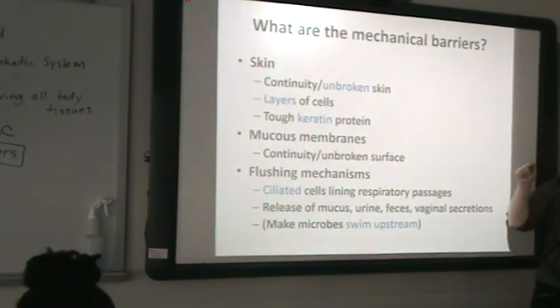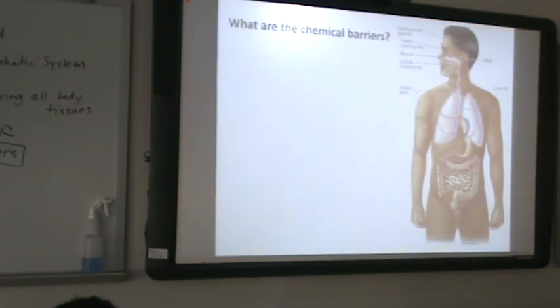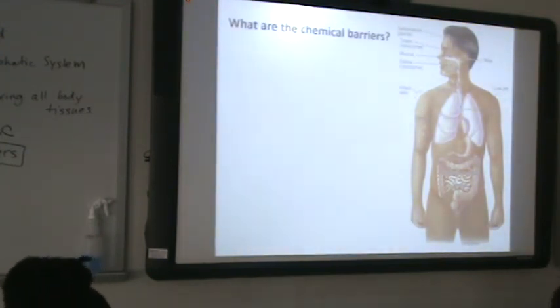If microbes are going to enter through the nose, they have to get past your nose hairs and not get stuck in mucus. Those are barriers that help you. Mucus is good. So those are the first line of defense, the mechanical barriers and flushing mechanisms.